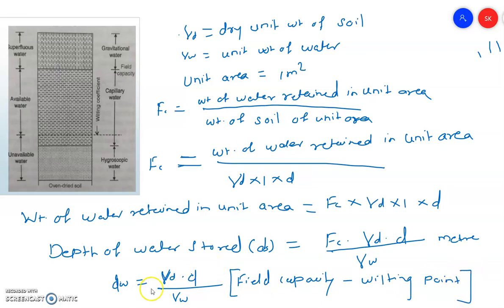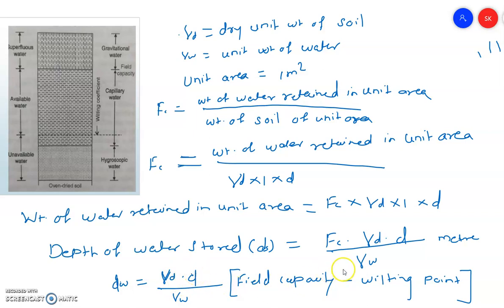This gamma d is the dry unit weight of the soil, d is the root zone depth, and gamma w is the unit weight of the water. Gamma d divided by gamma w is nothing but the specific gravity. So the specific gravity of the soil multiplied by the root zone depth gives us a depth.